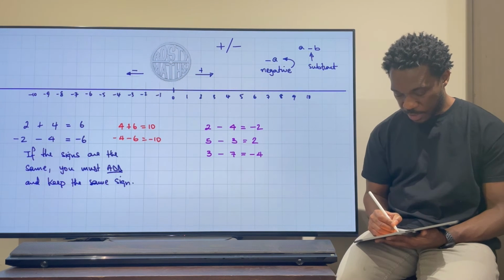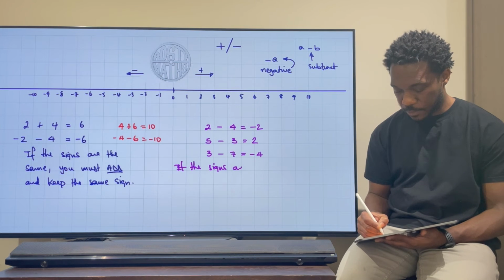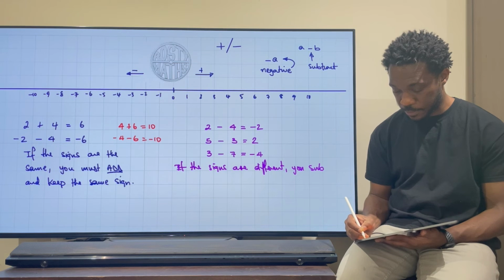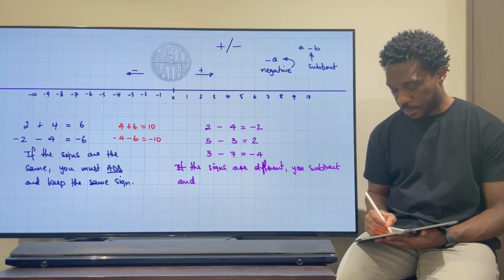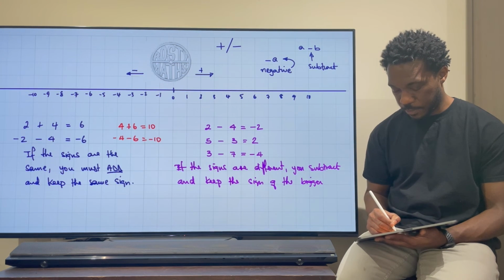If the signs are different, you subtract and keep the sign of the bigger number.